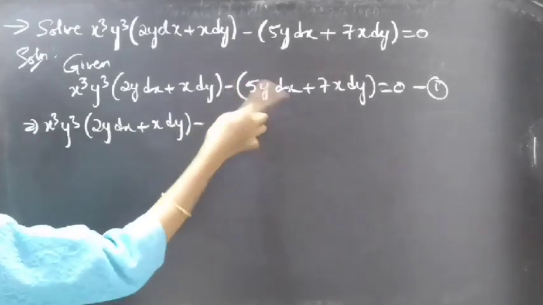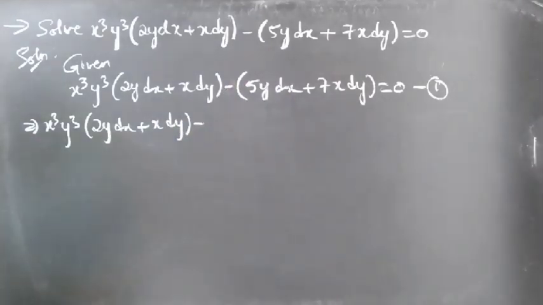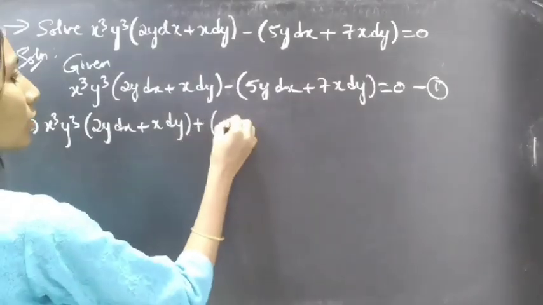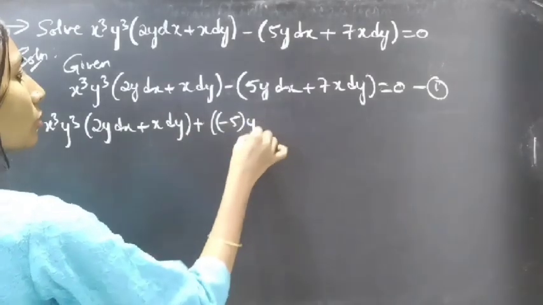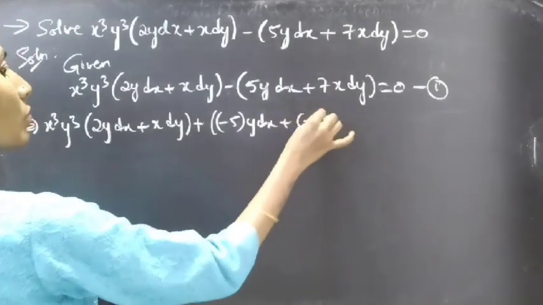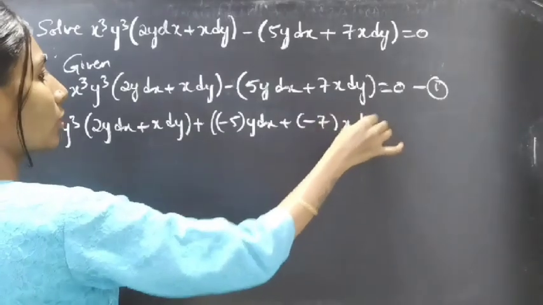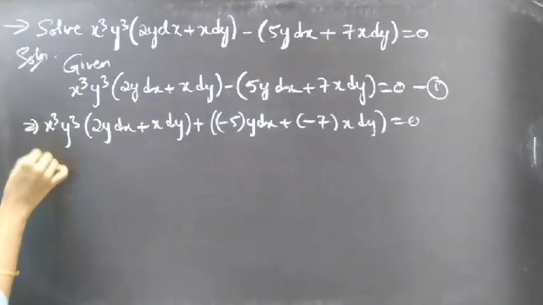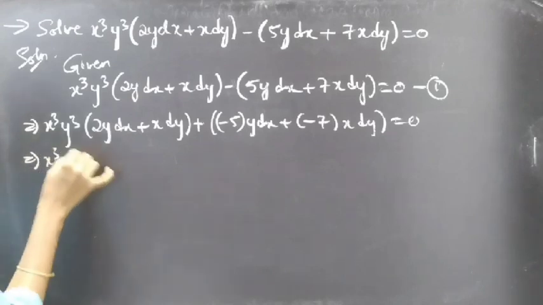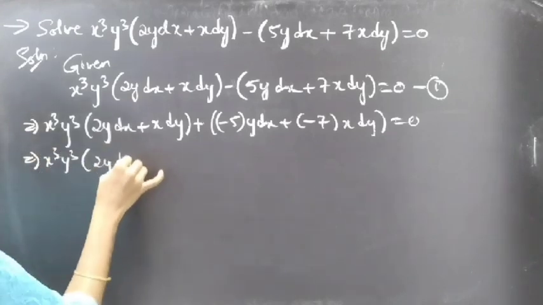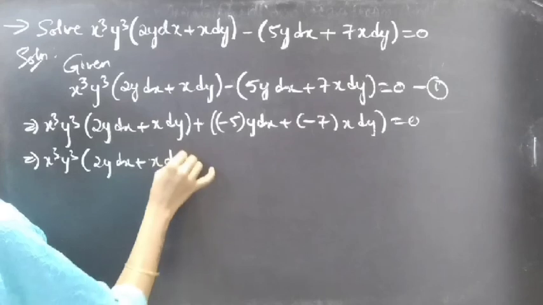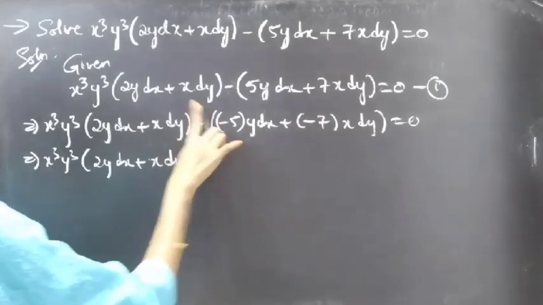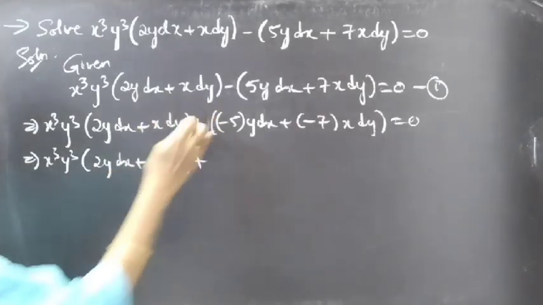here just take this minus inside the brackets. You'll get minus 5y dx plus minus 7x dy, okay? And also here we have 1, right? We just have nothing.